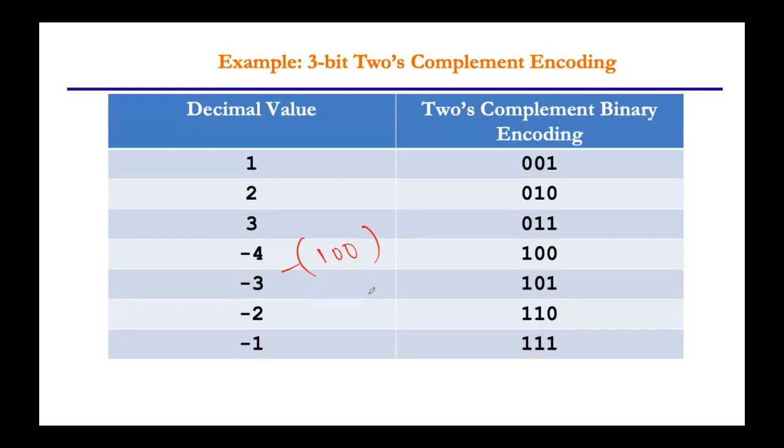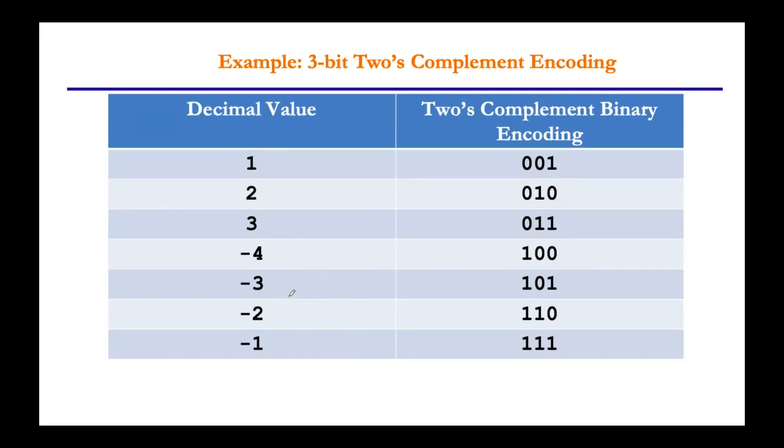Or you take the complement of 4, which is 011, and then do the 2's complement by adding 1 to this, so it gives the result 100, and that is the 2's complement representation of minus 4.